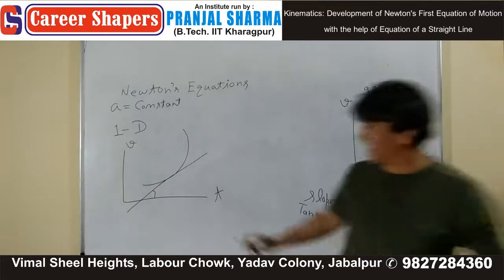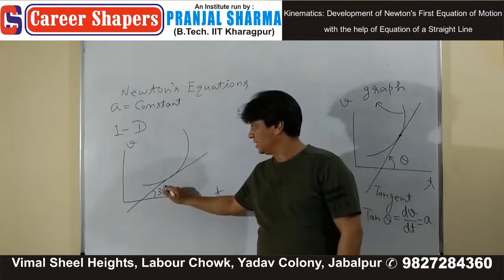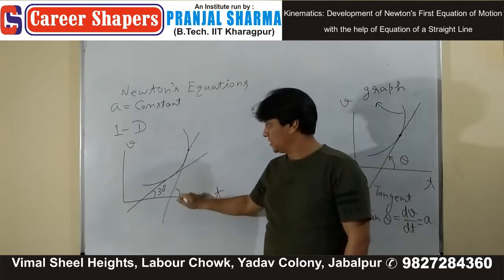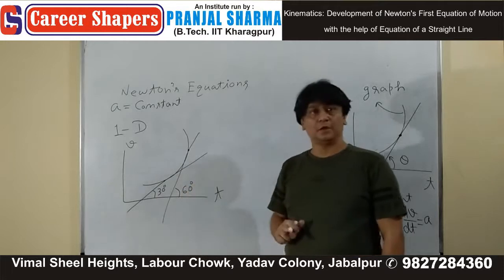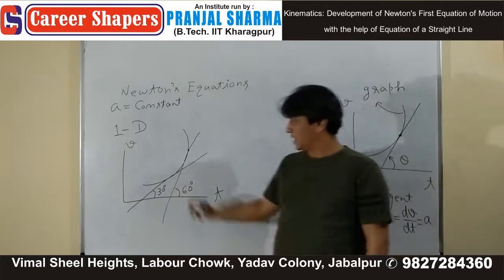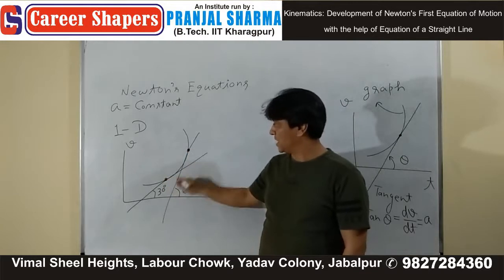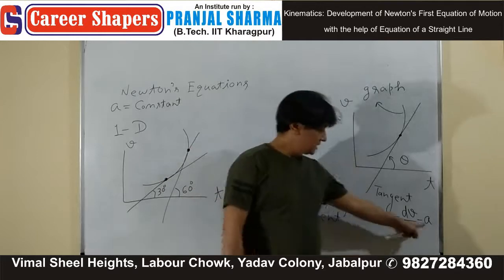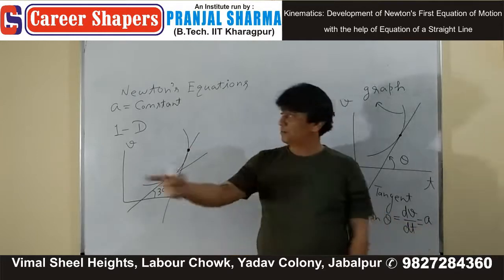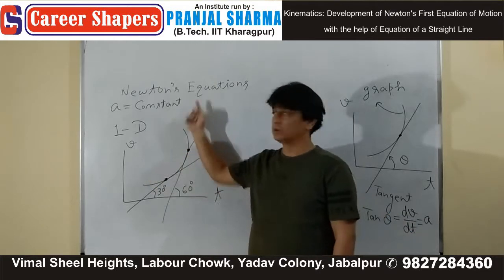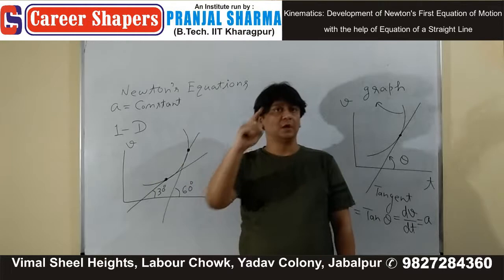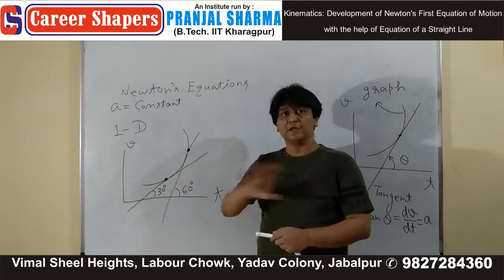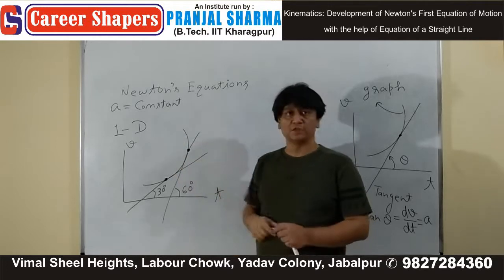So if I draw a tangent at this point and the angle is 30, if I draw a tangent over here and the angle is coming what? 60, you can see that at this time your slope is changing, your acceleration therefore is changing, but for Newton's equations acceleration must be constant, and therefore a graph like this is not possible for Newton's equations.